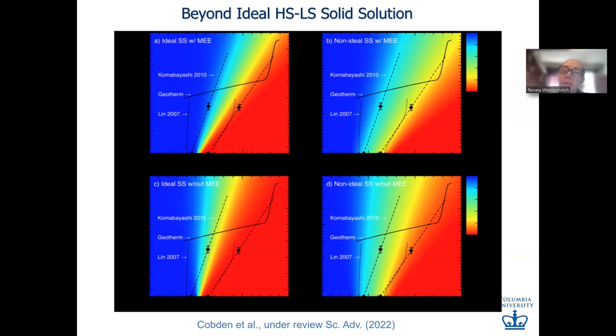So it looks like high spin and low spin iron are interacting even at low concentrations, but it's a kind of elastic interaction. Irons are not second neighbors here. But there are Jahn-Teller distortions that can be felt up to the third neighbor, third coordination shell. And this seems to explain the width of the rainbow.